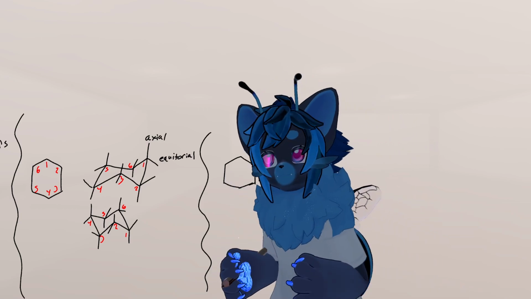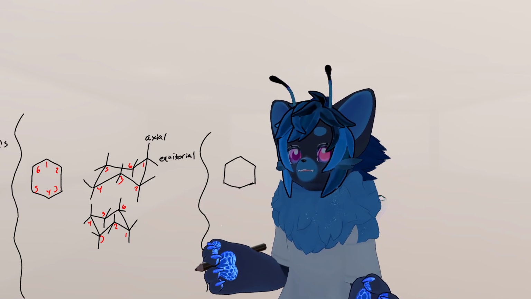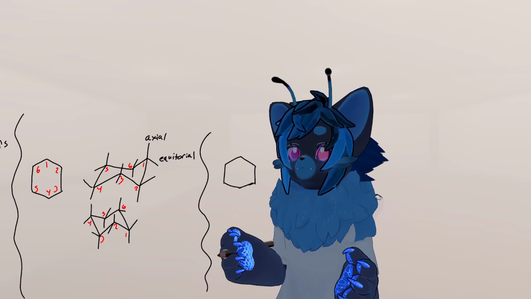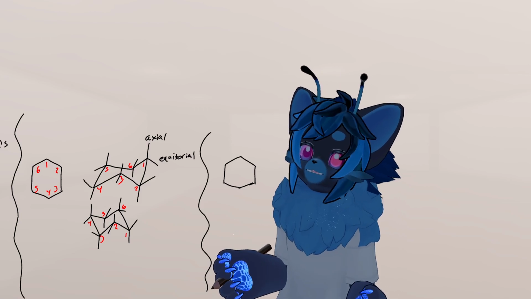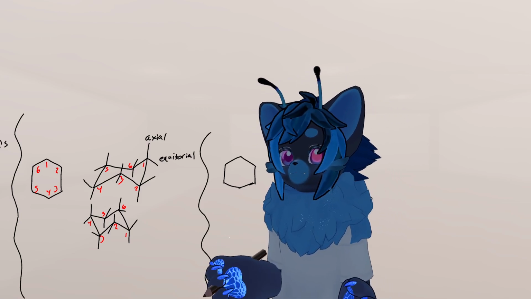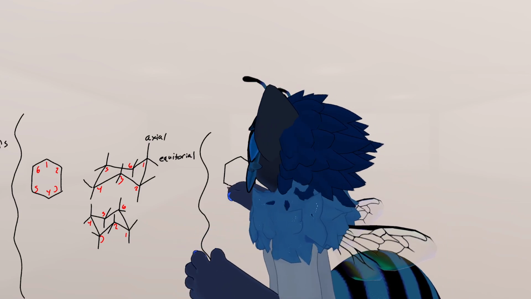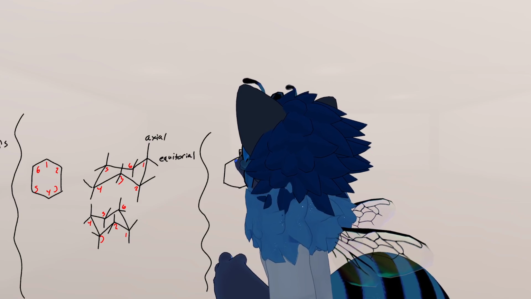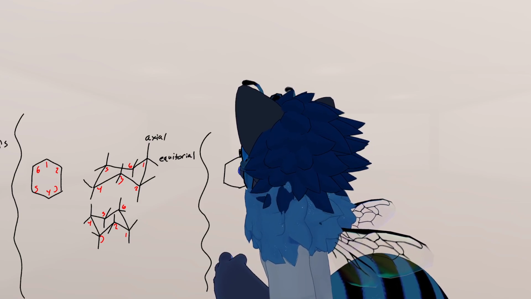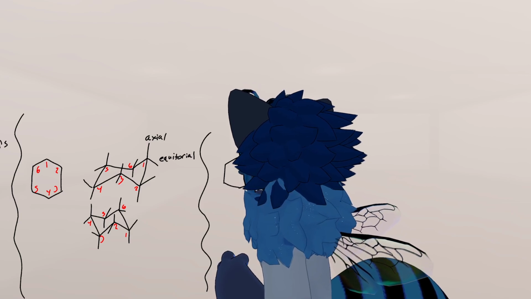Because they can be pointing up or down, the groups are now going to be specified on a 2D structure as up or down. I'll draw 2 methyl groups on this molecule just to showcase. One methyl will have the wedge, and another methyl will have a dash.